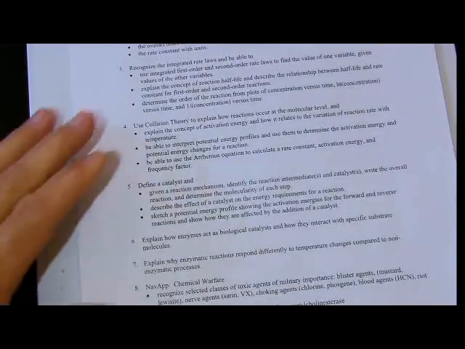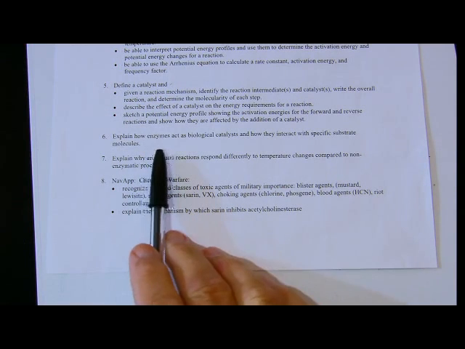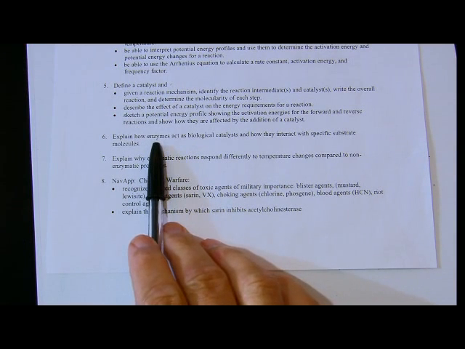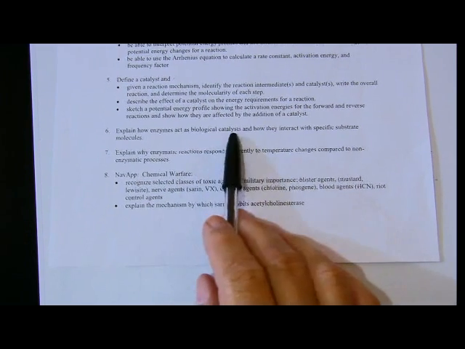All right, so we've got a little bit more to do on chapter 14. Explain how enzymes act as biological catalysts and how they interact with specific substrate molecules. Right here in the learning objective, realize an enzyme is something that works inside a living organism and is a catalyst.